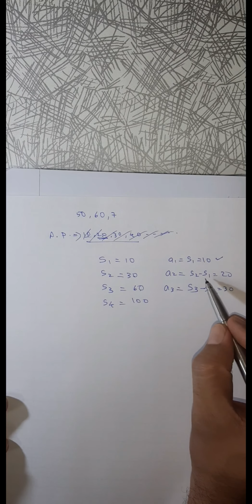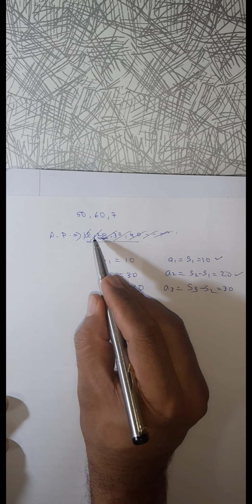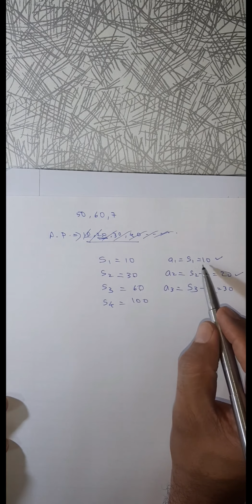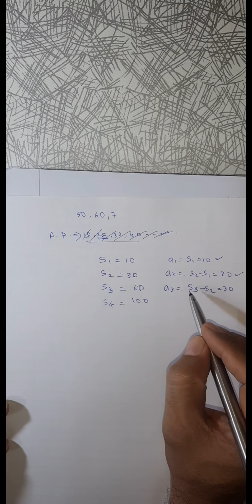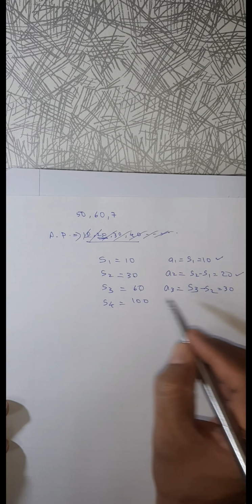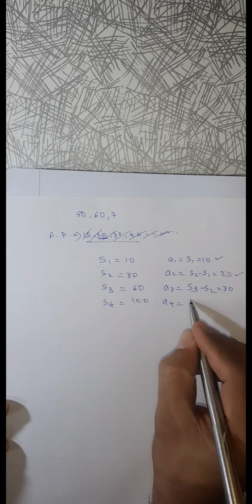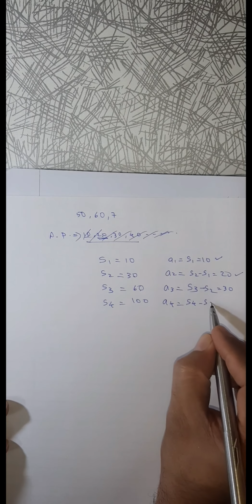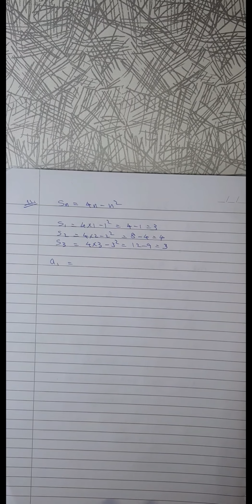The second term is S2 minus S1, 30 minus 10. A2 means S2 minus S1, 60 minus 40. Another one: A4 means S4 minus S3, 100 minus 60, that is 40. Okay, so I hope it is clear.